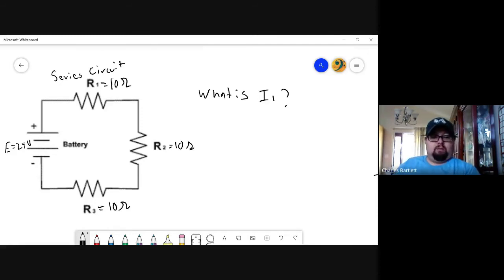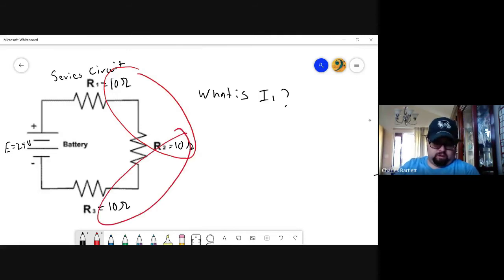And then it'll ask what's the amperage for I1, and you would have to go through all of that math that I just showed you, adding all the resistances together to get your RT of 30, and then do your Ohm's law math to get the 0.8 amps.